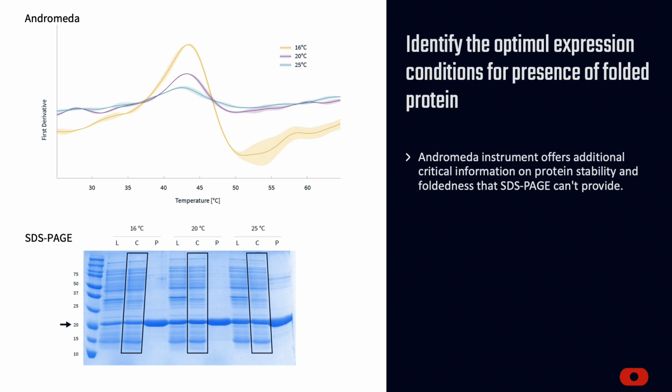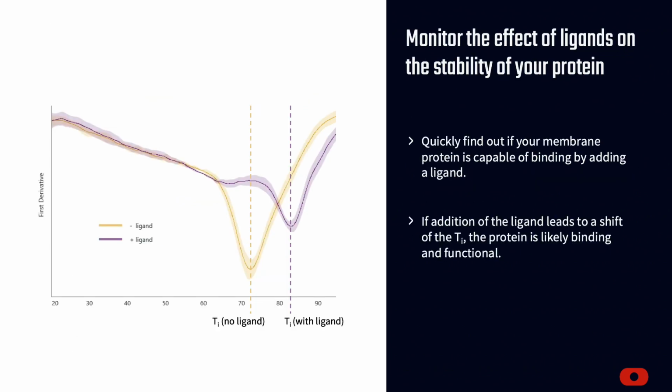So that's different to what the gel is saying, showing you that the conditions with the highest overall yield of protein don't necessarily correlate with the highest yield of folded protein. So you can see how the Andromeda not only tells you about the expression levels of your target protein under different conditions, but also whether or not you are expressing folded protein.